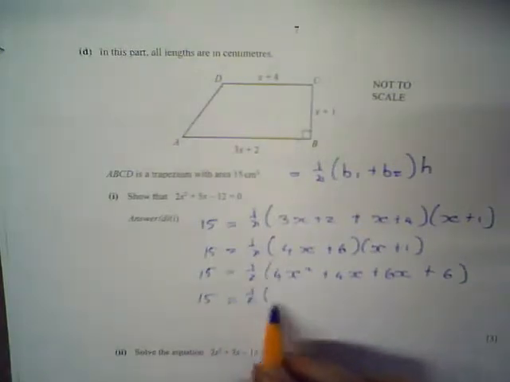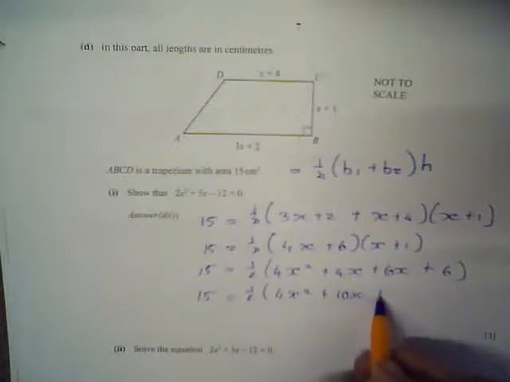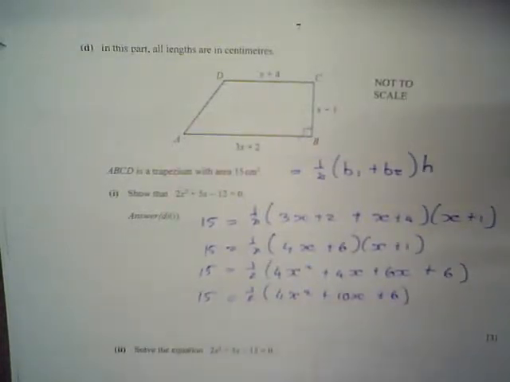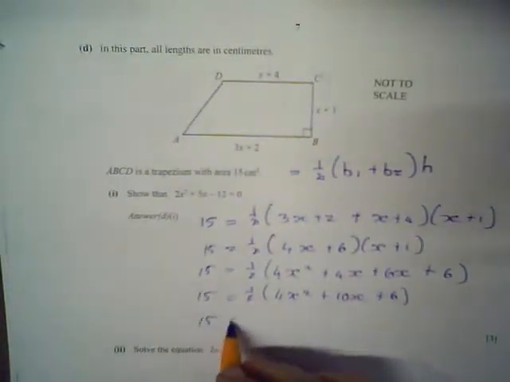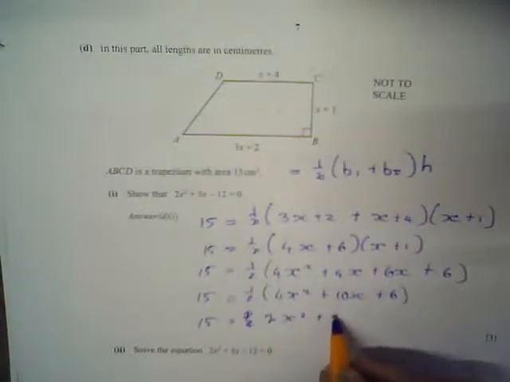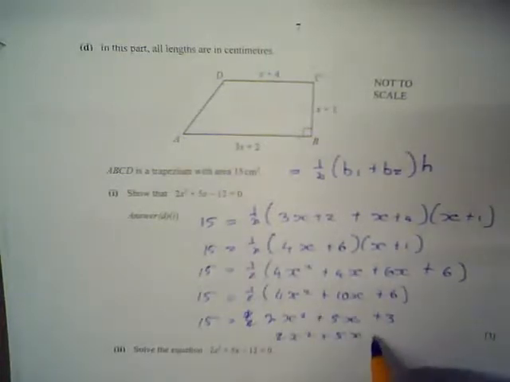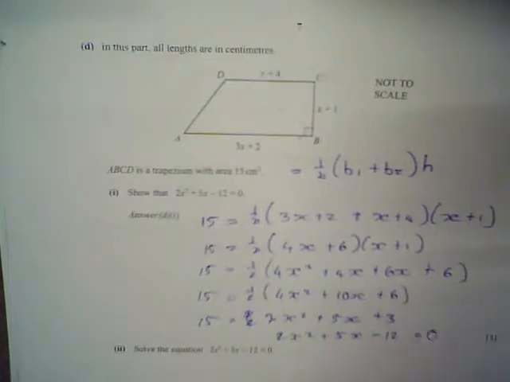And we just simplify this as 4x squared plus 10x plus 6. Distribute with a half, that 15 equals 12. Distribution there, 2x squared plus 5x plus 3. And that would give me 2x squared plus 5x minus 12 equals 0. And we are done with that one.